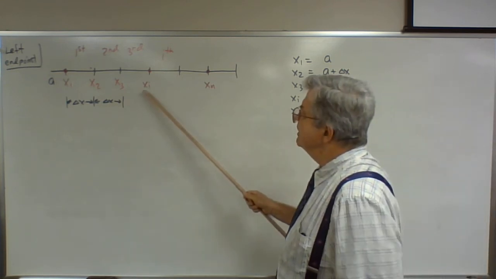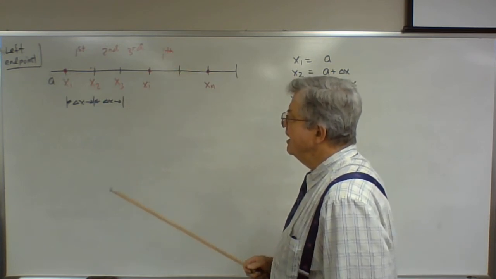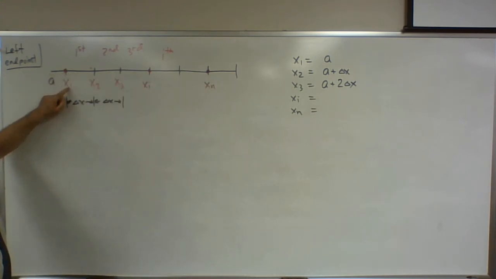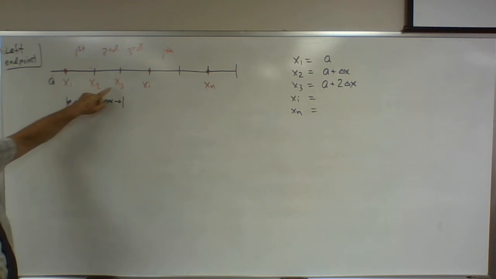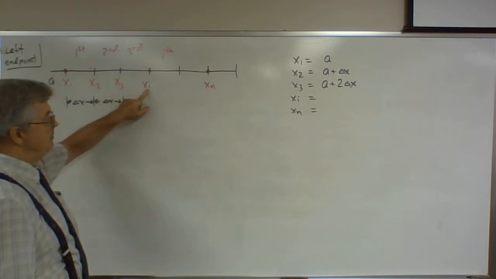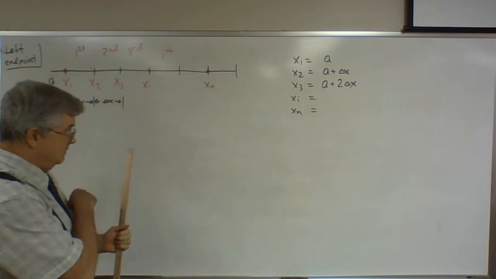x sub i is the left endpoint of the ith subinterval. And let's see, how does this go? x sub 1 is a plus 0 delta x. x sub 2 is a plus 1 delta x. x sub 3 is a plus 2 delta x. x sub i is a plus (i minus 1) delta x.